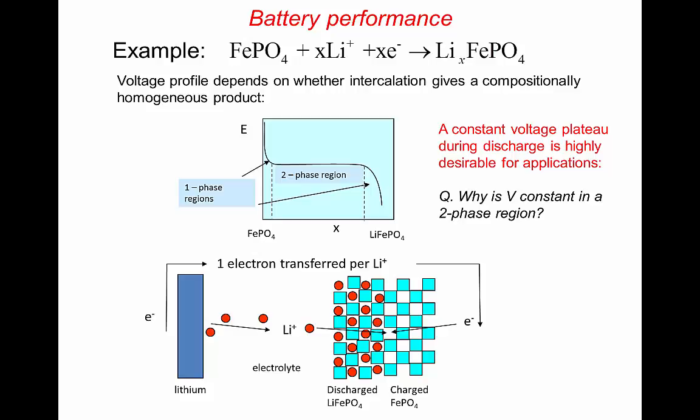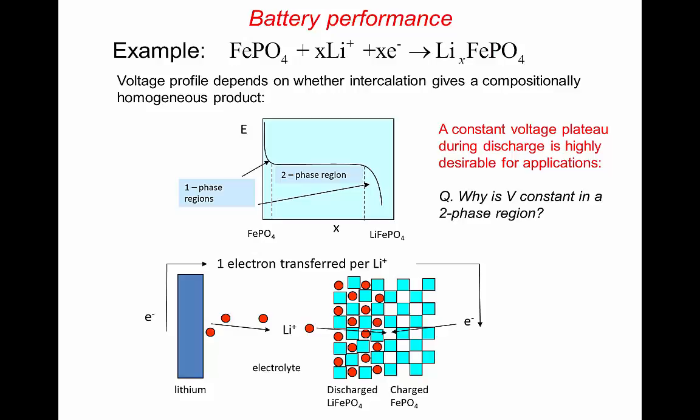So the next diagram in the middle shows the voltage profile. And this has a good profile because you have a constant voltage over much of the discharge part. But there is an initial drop in voltage, and then there's this constant voltage until the thing is almost completely discharged, and then it drops off again.